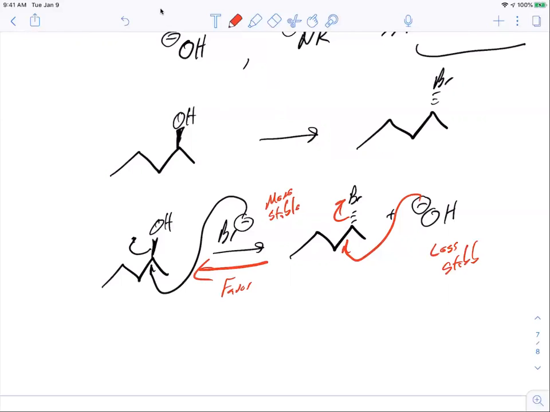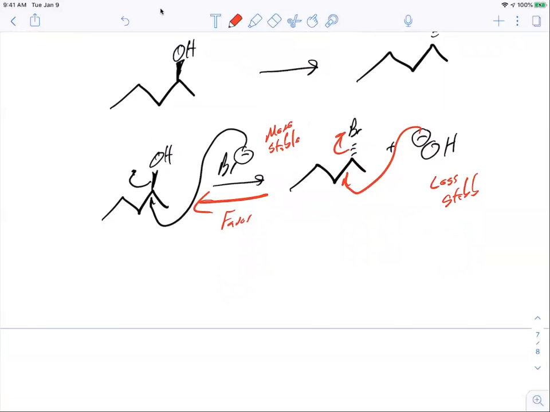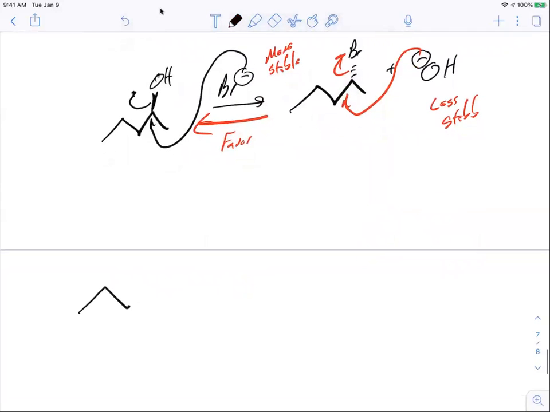Hydroxide is a bad leaving group, but there are lots of alcohols, especially in biological systems. Lots of OH groups. And we might want those OH groups to react. So what we need to do is modify that group. There's a couple of ways to do that. The first is to protonate that group.